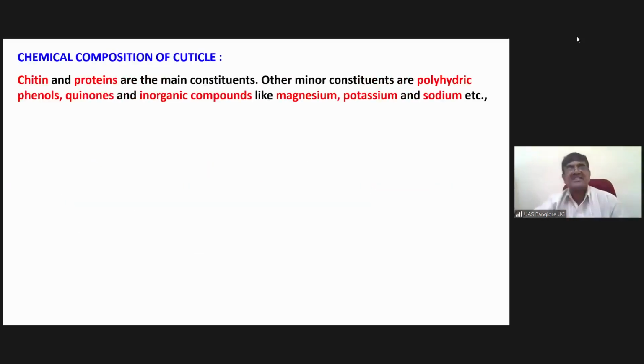Now we'll study the chemical composition of the cuticle. The main component of the cuticle is chitin, and it also consists of some proteins. The minor constituents may be polyhydric phenols and quinones. It also comprises inorganic compounds like magnesium, potassium, and sodium.